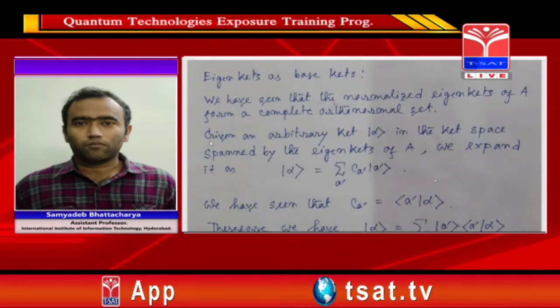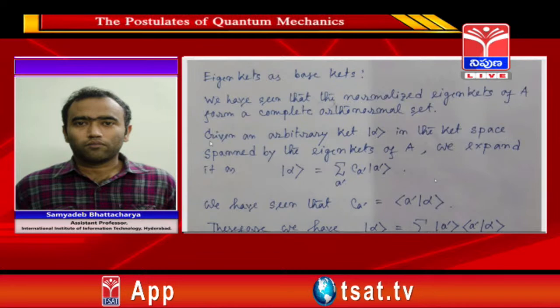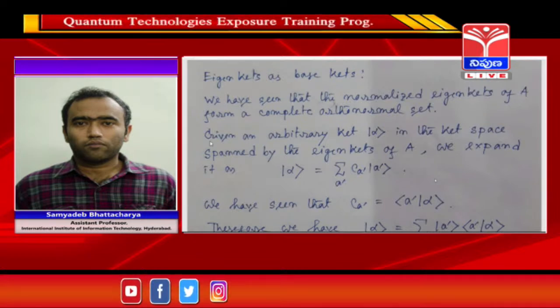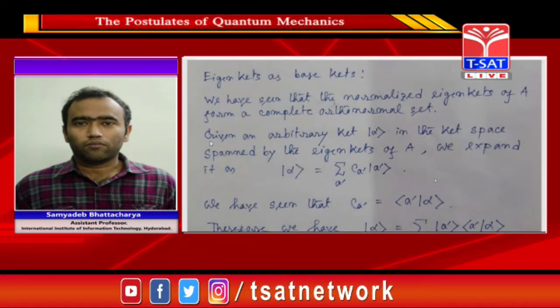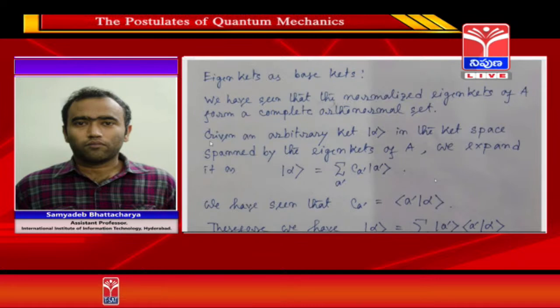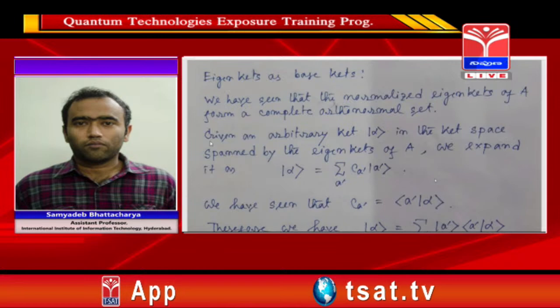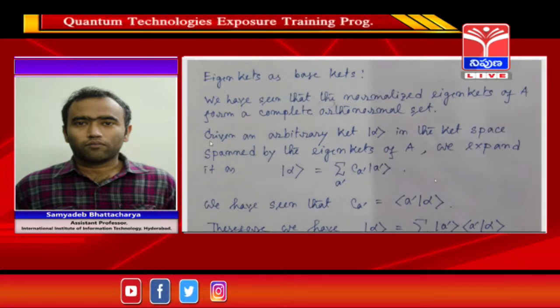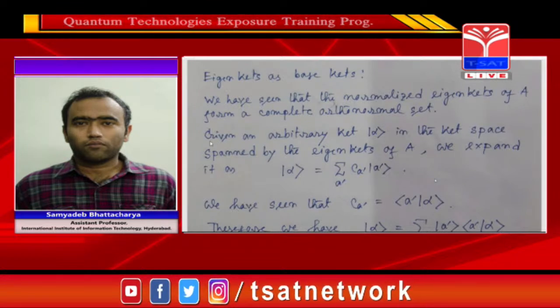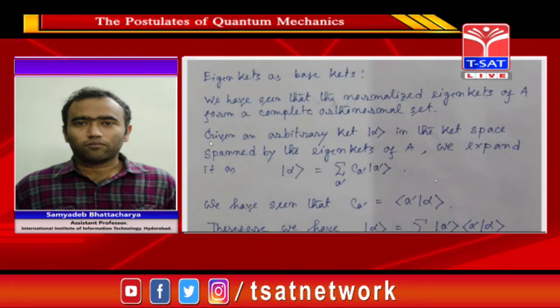Complete means we have to take all of them. Technically what it is, I will say in a few moments. But for the sake of understanding, let's say we are considering a three-dimensional system. The three vectors are i cap, j cap, k cap, and we need all three. If we only choose, say, i cap and j cap, it does not form a complete set, though they are orthonormal.